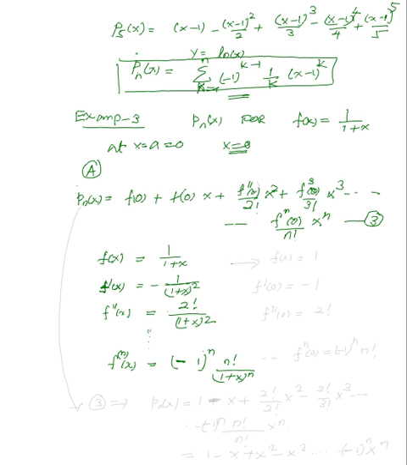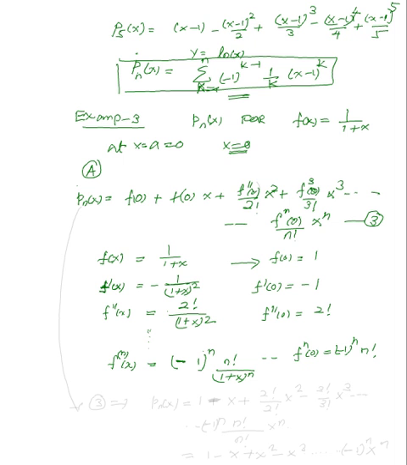If I evaluate these functions at 0, we need the values of the derivatives at 0. So f of 0 is 1 over 1, which is 1. And f prime at 0 is negative 1. F double prime at 0 is factorial 2. And in fact f^(n) at 0 is negative 1 to the power n times n factorial.